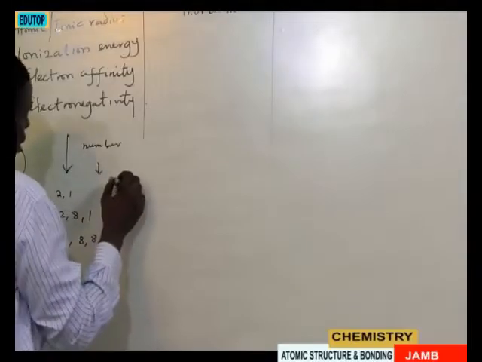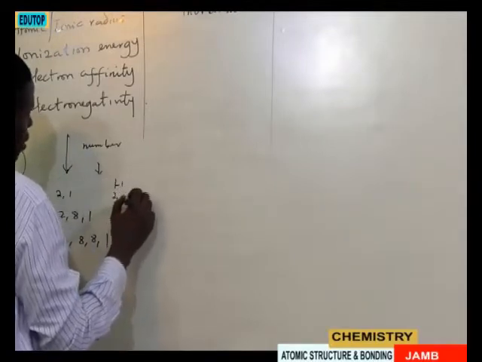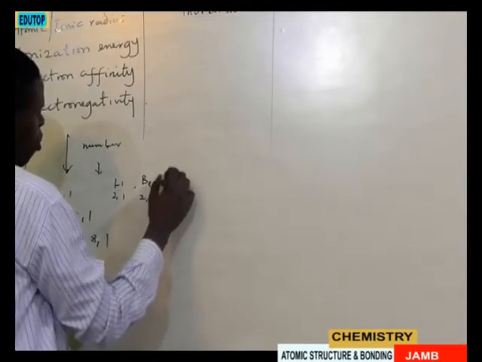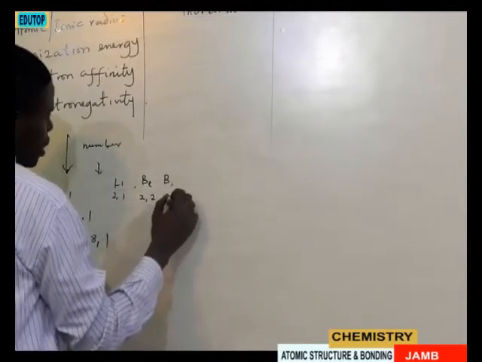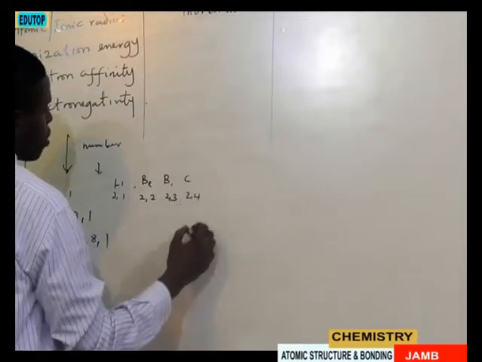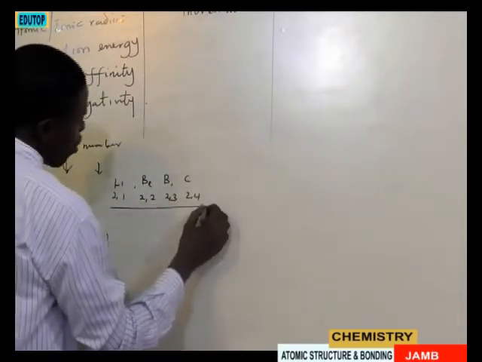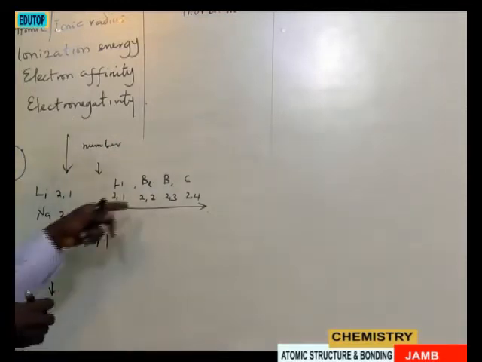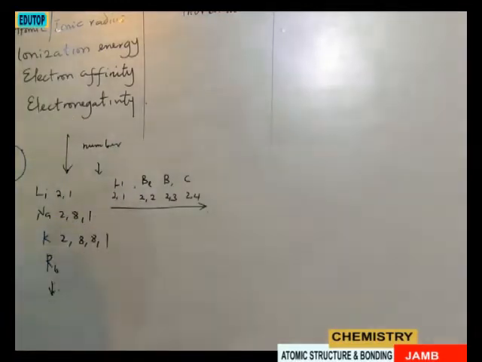But across the period, where you have, let's say, lithium, that's 2,1, beryllium, which is 2,2, boron 2,3, carbon 2,4. So as you are moving across the period, what happens? There is an additional electron.